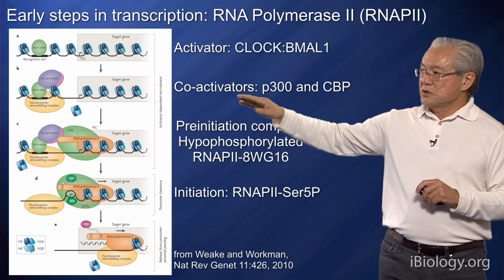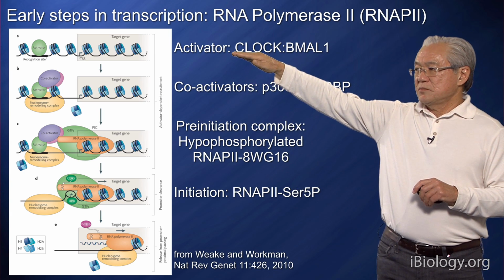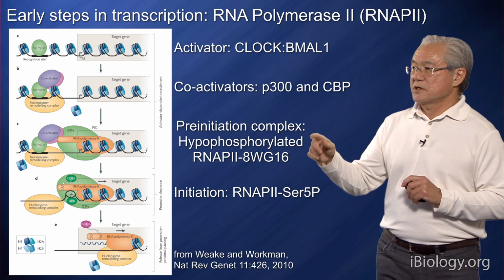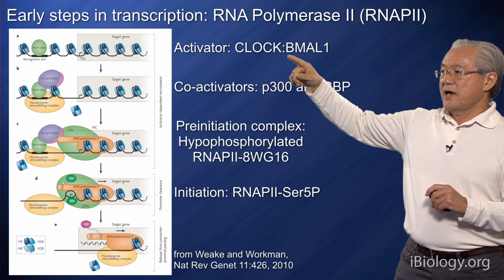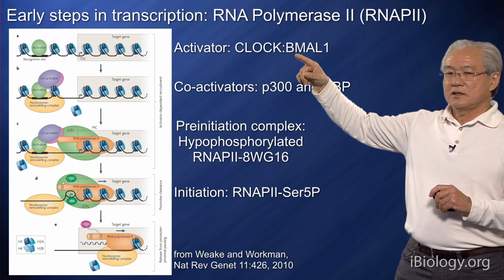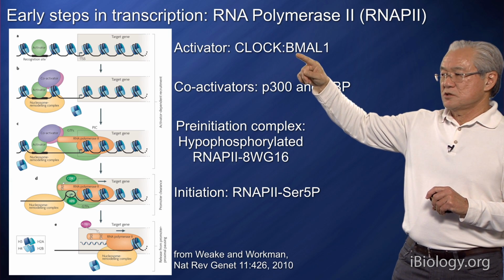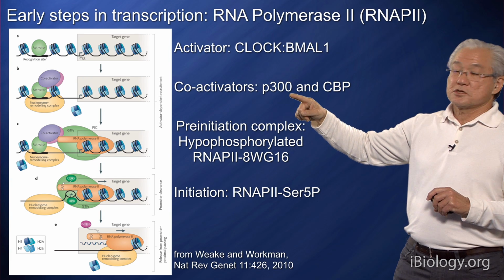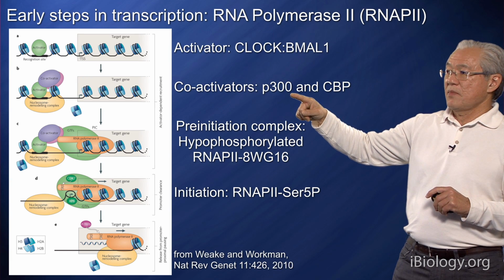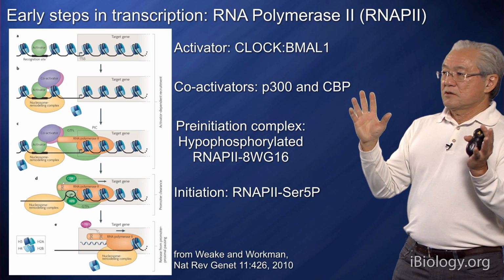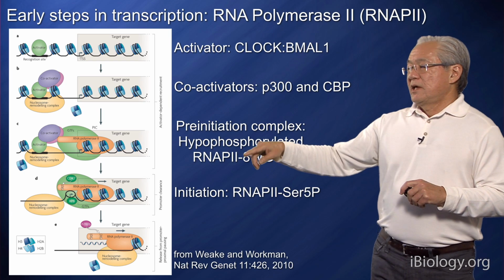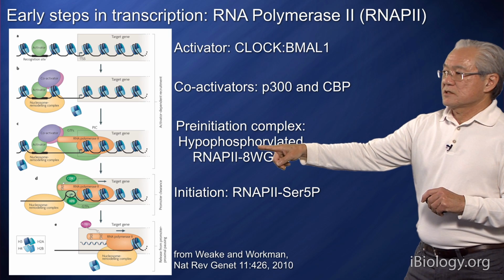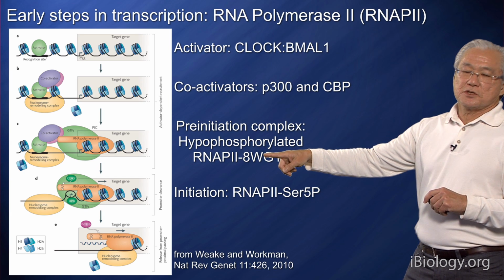And this shows a typical sequence of events in the early stages of transcription, where first activators such as CLOCK and BMAL1 bind to regulatory sequences in genes. They then recruit co-activators such as P300 and CBP to open up the chromatin and allow the formation of the pre-initiation complex by RNA polymerase II.